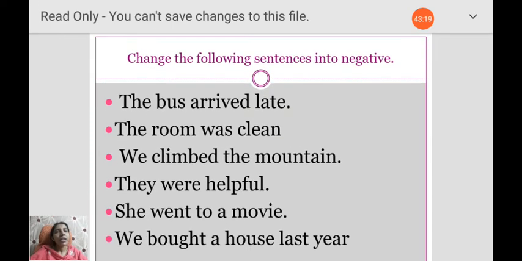And look here, now make the sentences negative. How are you going to make the sentences negative? I think it's very easy. No need of much time there.